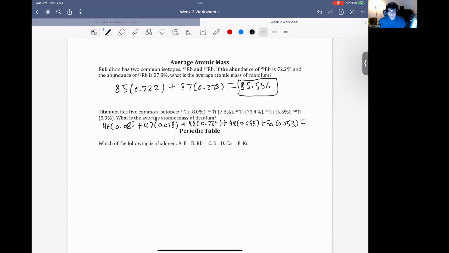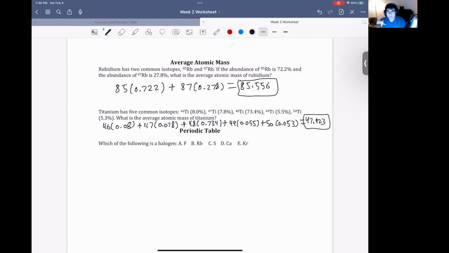You would just plug this into your calculator. And you should end up getting 47.923 for the average atomic mass.